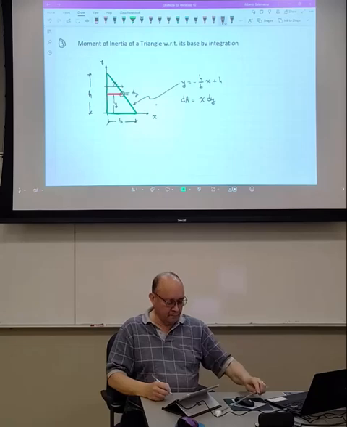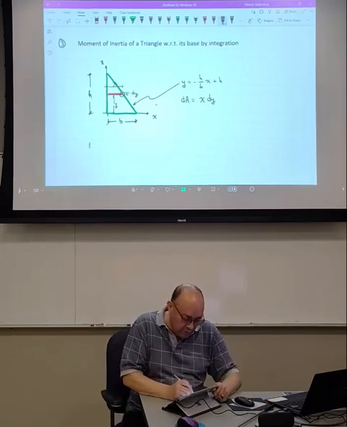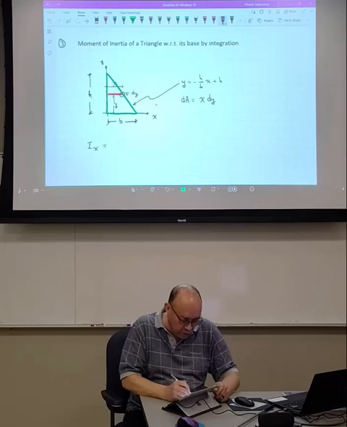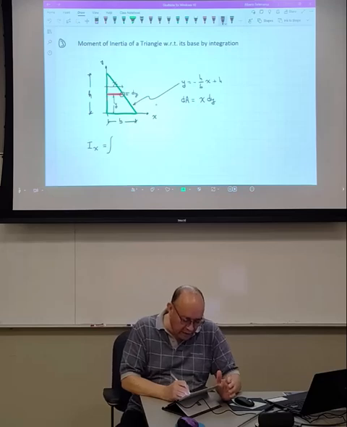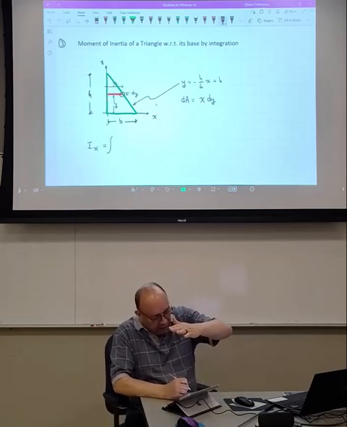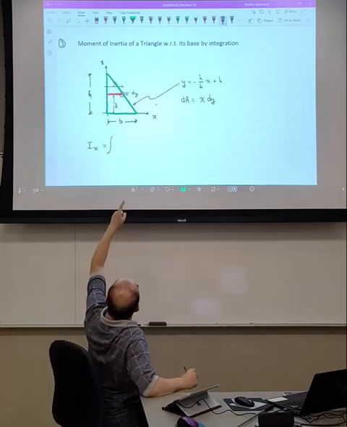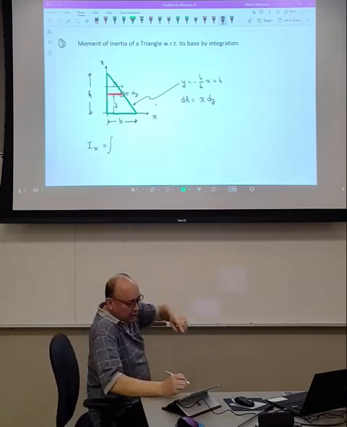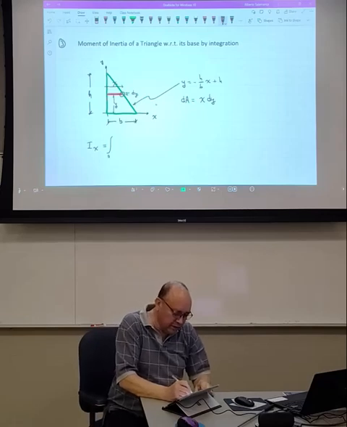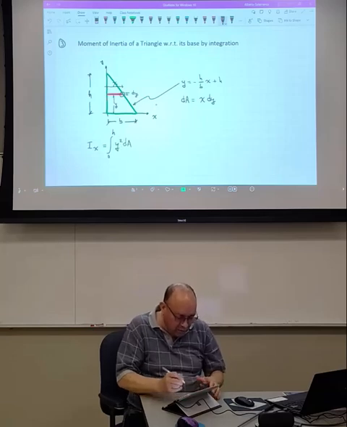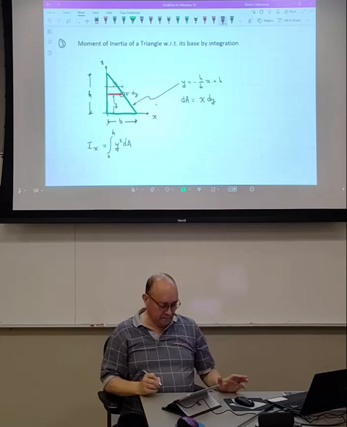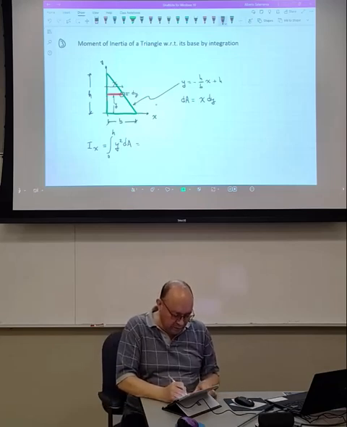So now we want to calculate the moment of inertia with respect to x, which is the integral, sweeping all the rectangles that I obtain when I change the value of y from 0 to h. So the limits will be 0 to h. And the formula is y squared dA. That's the formula for moment of inertia, right? So now I replace y squared, and dA is x dy.